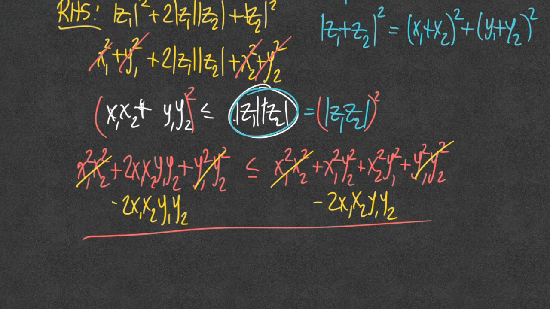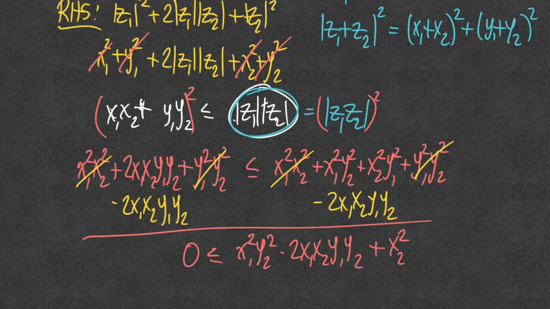And so now what I get is the following statement. I get 0 less than or equal to x1 squared y2 squared minus 2 x1 x2 y1 y2 plus x2 squared y1 squared. And believe it or not, that can actually be factored, right?